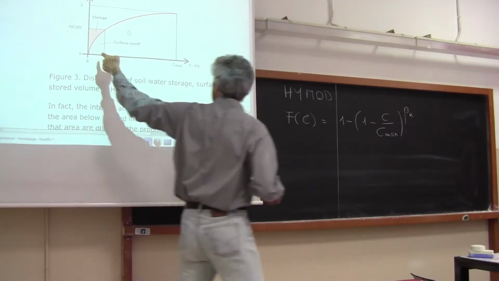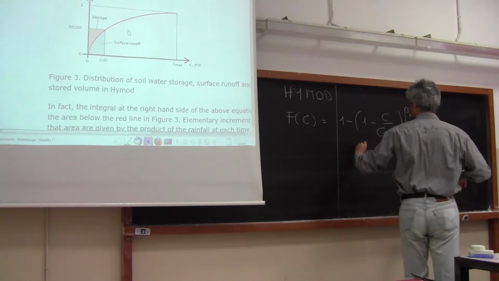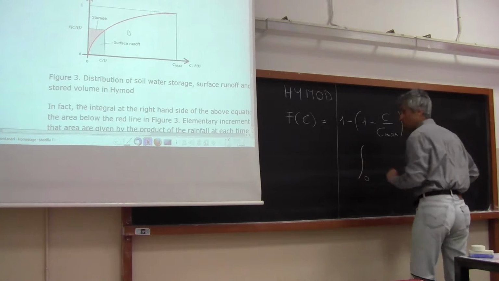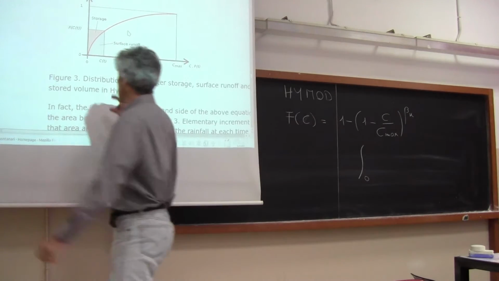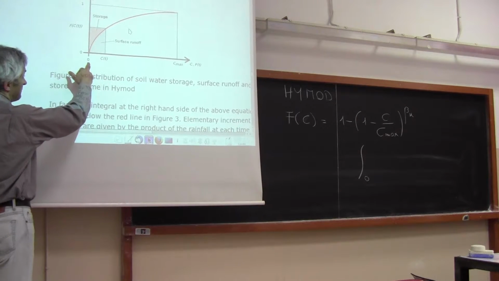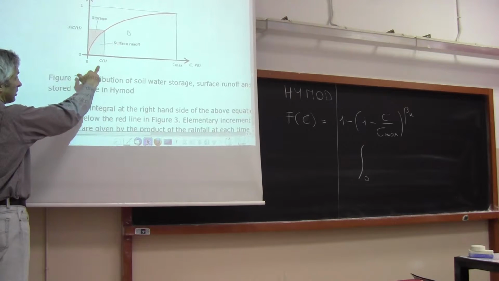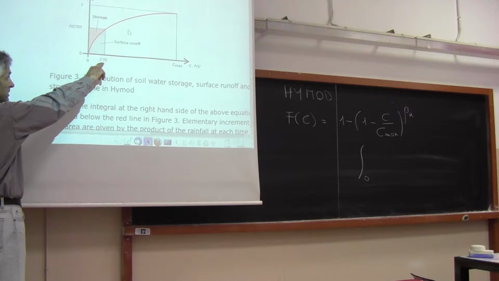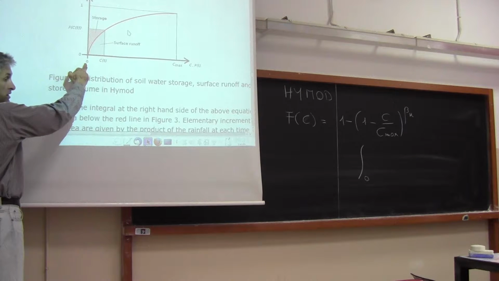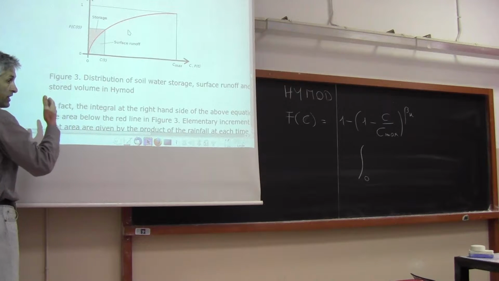The area below the curve is the integral from 0, if we assume that the value of the storage C is equal to 0 at the beginning of the event.